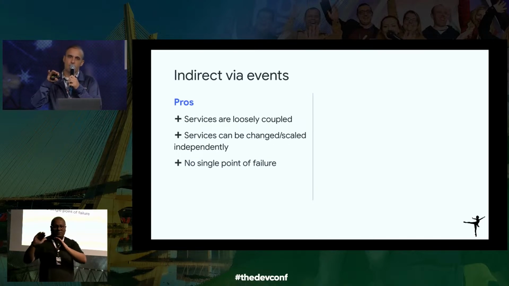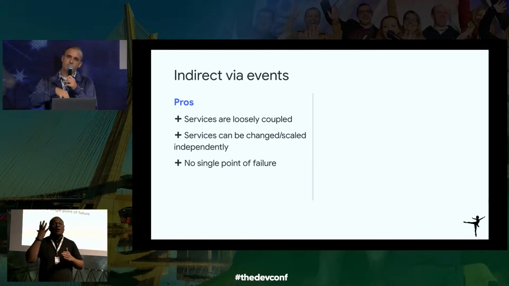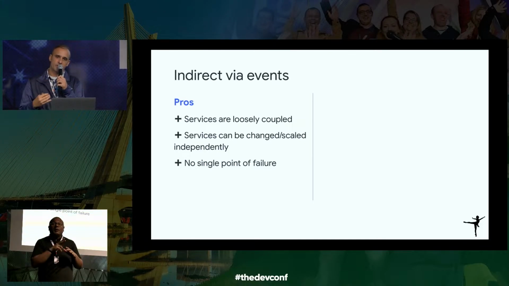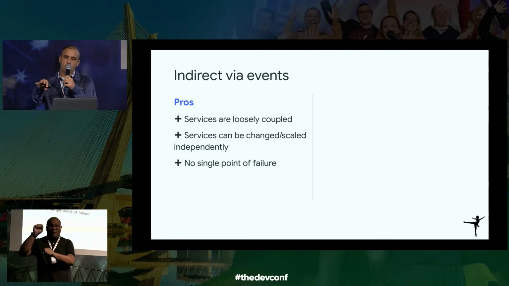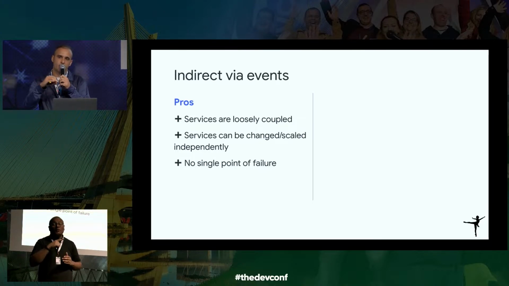There is no single point of failure. Let's say one of the services goes down. The rest of the services can still receive messages and still emit messages, right? And the service that's been down usually has a queue, and the queue will have more messages that need to be processed later. But this doesn't break the whole chain.